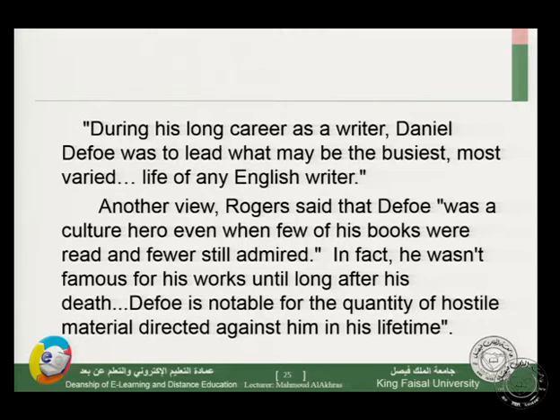So we have this idea about Defoe. He was a culture hero. Whether you accept that or you disagree or you don't admire his works, he is a culture hero. In fact, he wasn't famous for his works until long after his death. Defoe is notable for the quantity of hostile material directed against him in his lifetime.